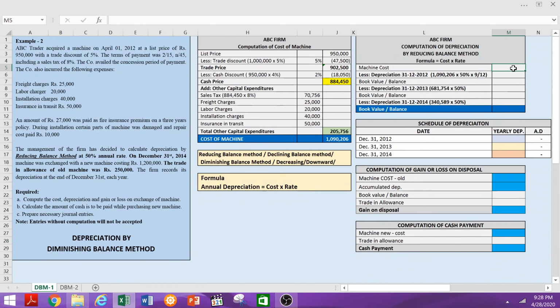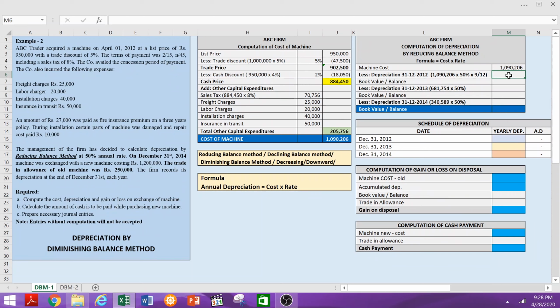We start by writing first of all the cost of machine. Depreciation is always calculated at historical cost. So here we have calculated the cost of machine, that is 10,90,206, 1.090 million.